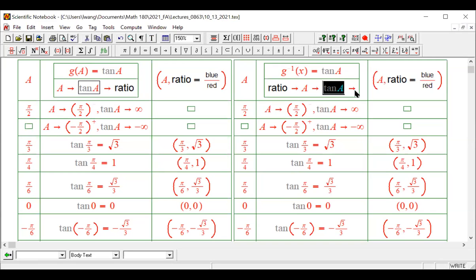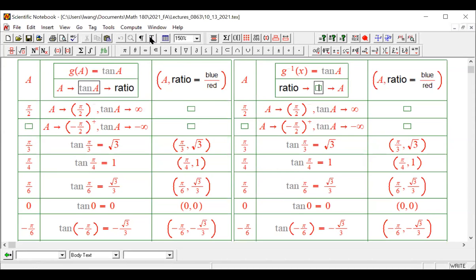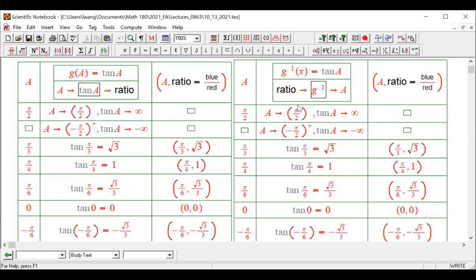So this function is G inverse. The inverse function is ratio to angle. Of course, the angle has to be between negative pi over 2 to pi over 2.